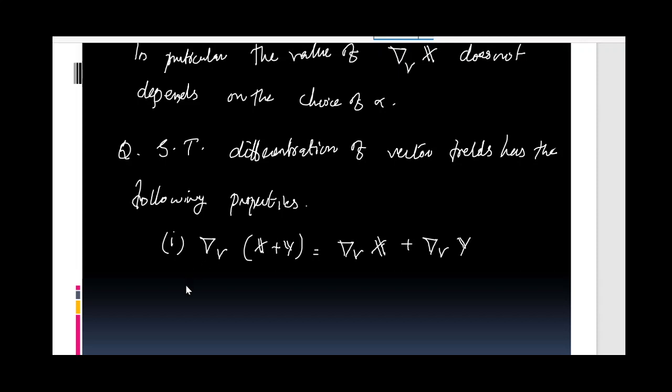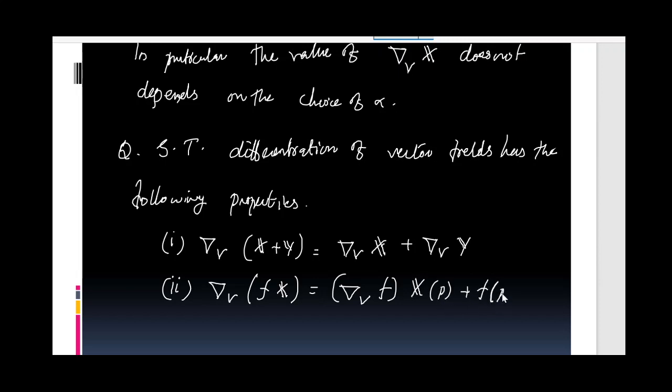Second property: del_v of (f x) is equal to del_v of f into x of p plus f of p into del_v x.